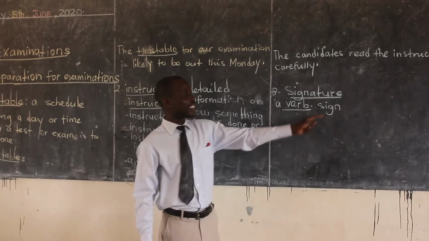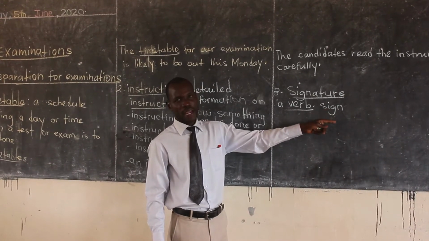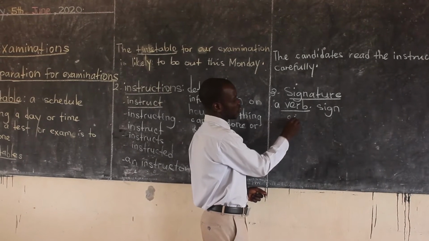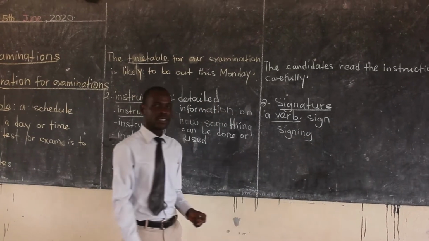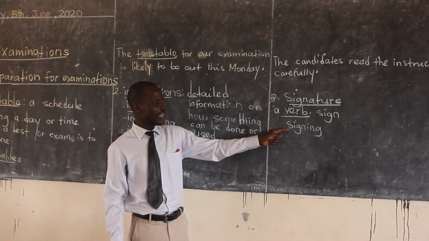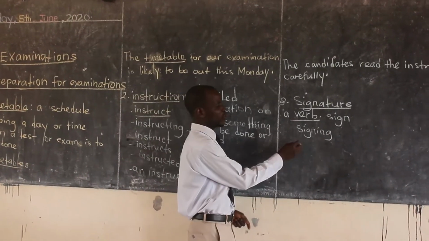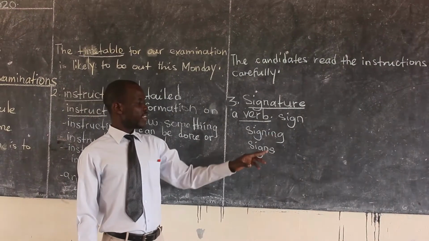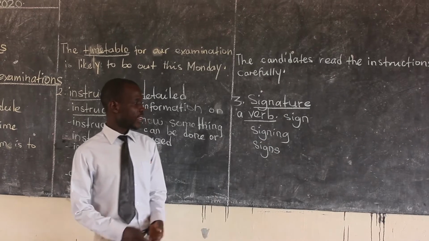You remember a verb is a being word. So when we say sign, I can also have the word signing as a present continuous tense. Then I can also have the word signs. These are other words from the word sign.